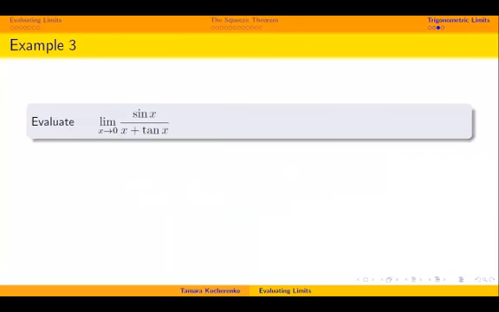The last example is to evaluate the limit as x approaches 0 of sine x over x plus tangent x. We check that substitution x equals 0 does not yield any meaningful answer. Indeed, we have 0 over 0.